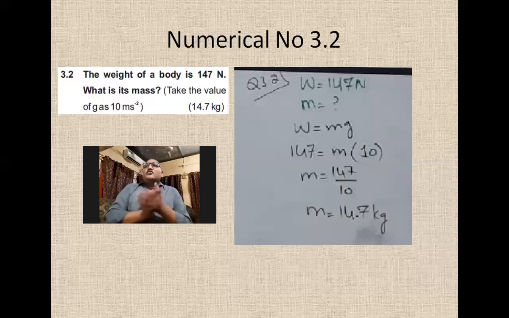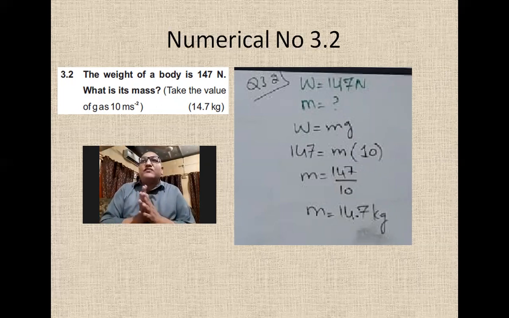Okay. So numerical number 3.2, the statement is: the weight of a body is 147 Newton. What is its mass? Take the value of g as 10 meter per second square. So the weight of the body is given, that's 147 Newton. The mass is the question. The g is 10 meter per second square.